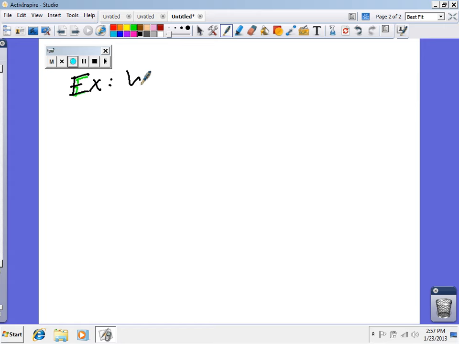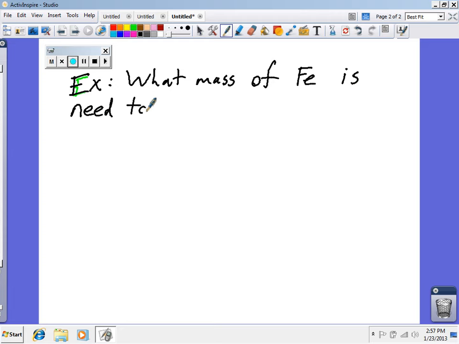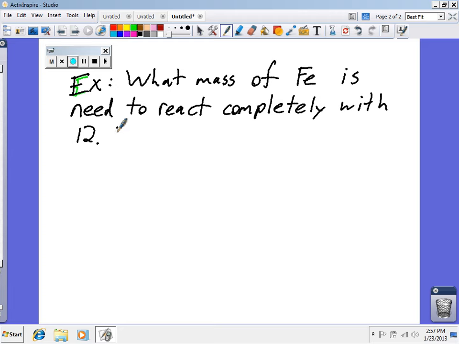What mass of iron is needed to react completely with 12.6 grams of O2.